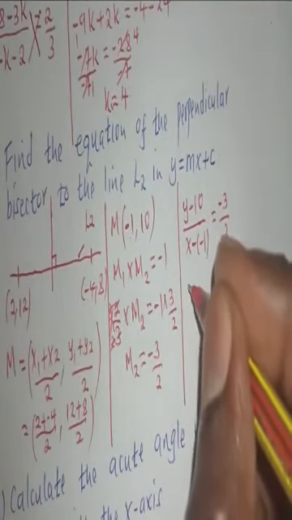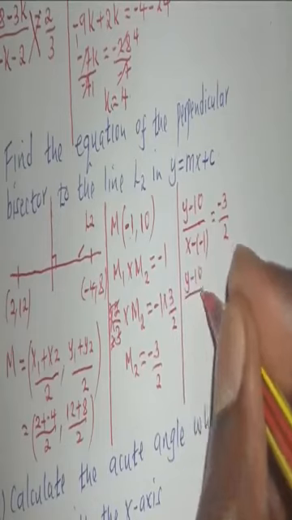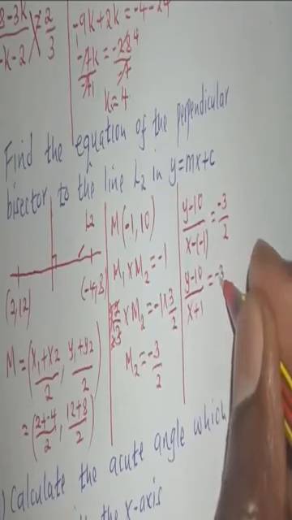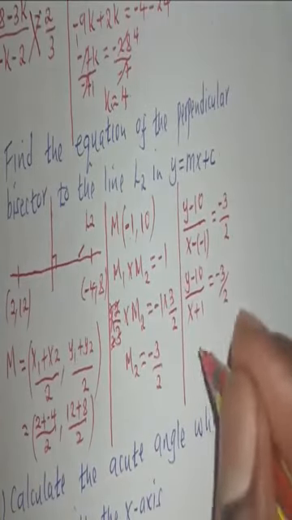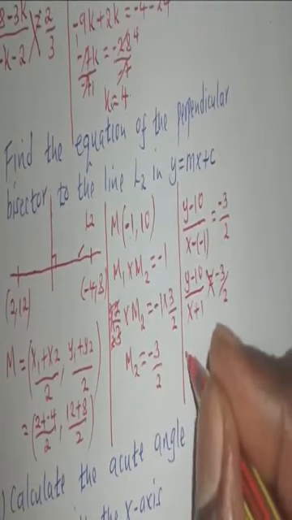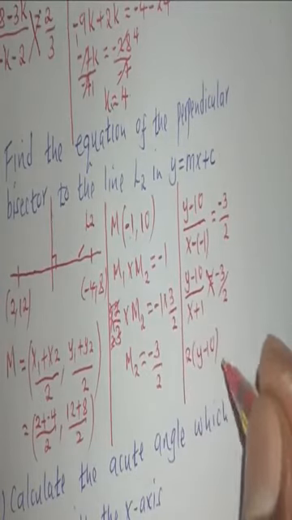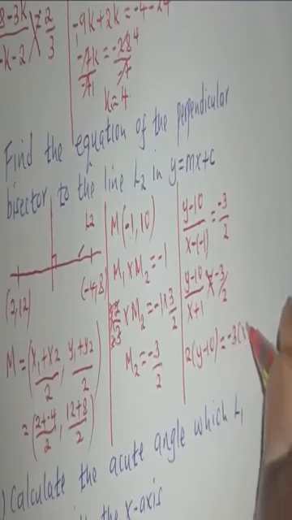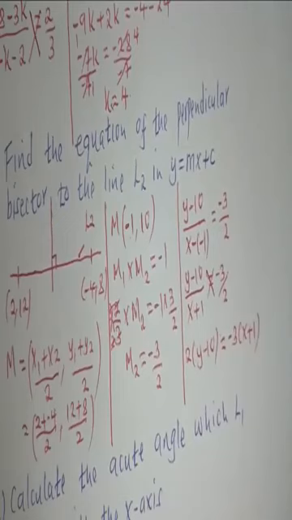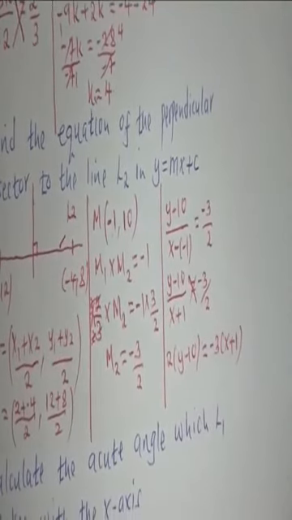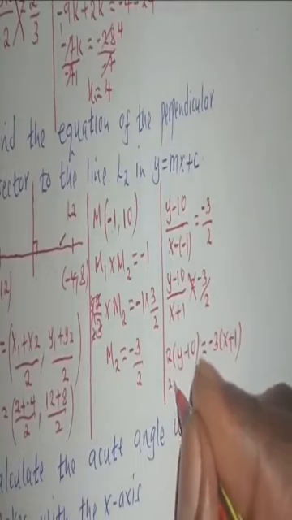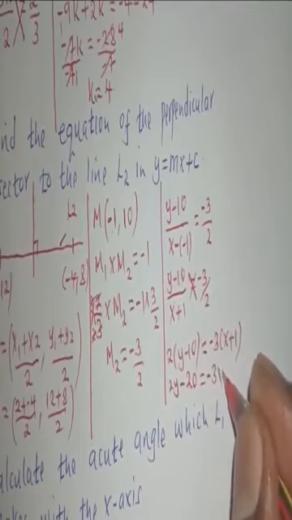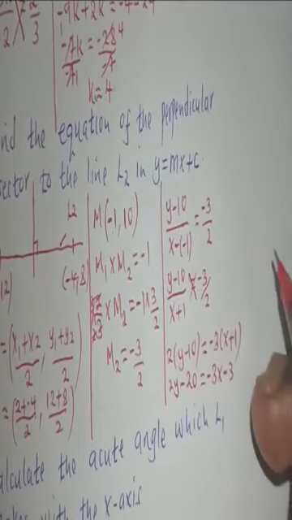So this will be y minus 10 over x plus 1 equals negative 3 over 2. When we cross multiply, we have 2 into y minus 10 equals negative 3 into x plus 1. So we have 2y minus 20 equals negative 3x minus 3.